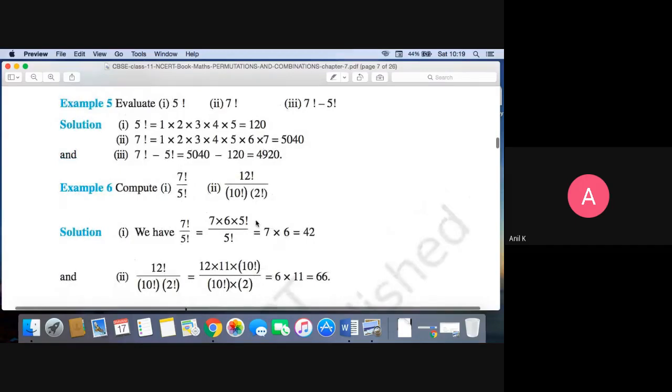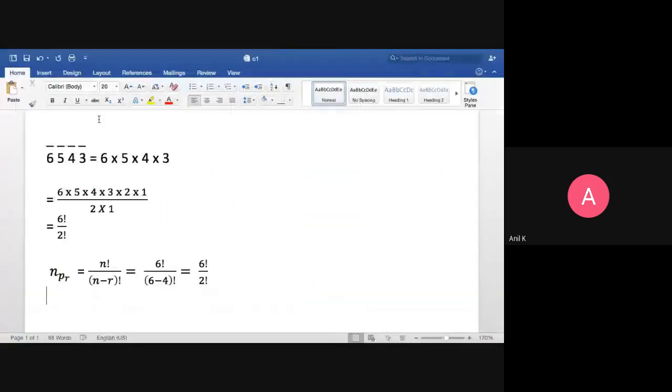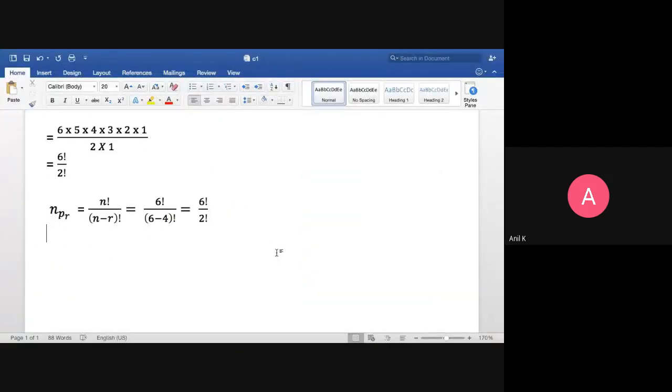Okay. Next, 7 factorial upon 5 factorial. Let me solve this example. 7 factorial upon 5 factorial. So I'll solve it two ways, so that you can understand both.